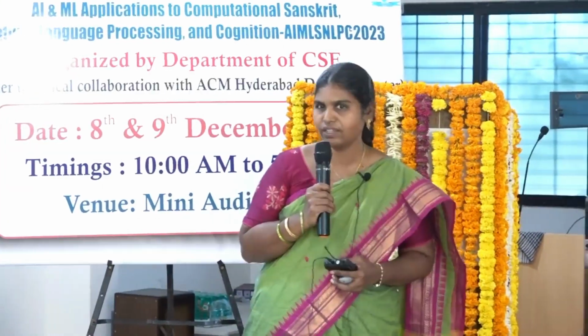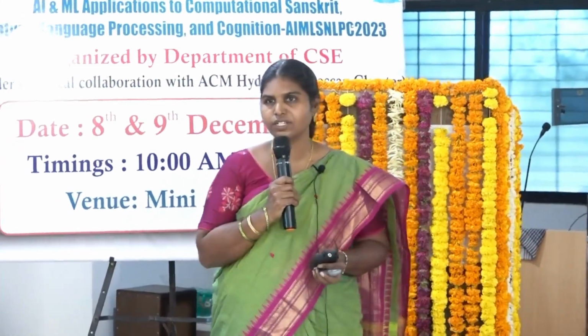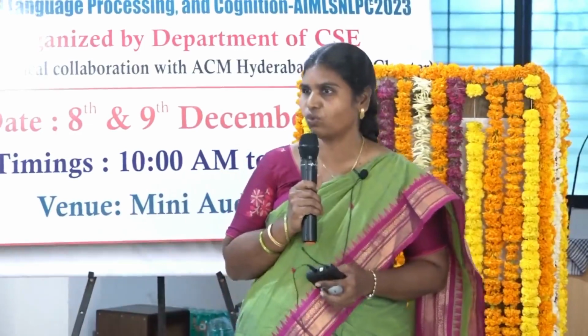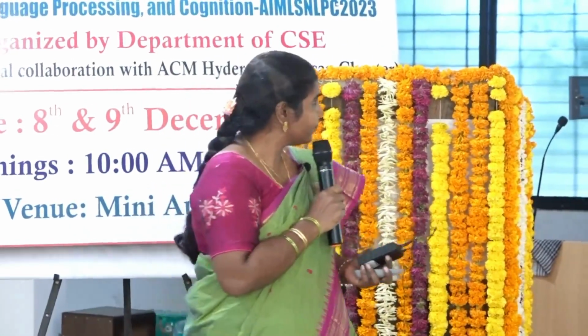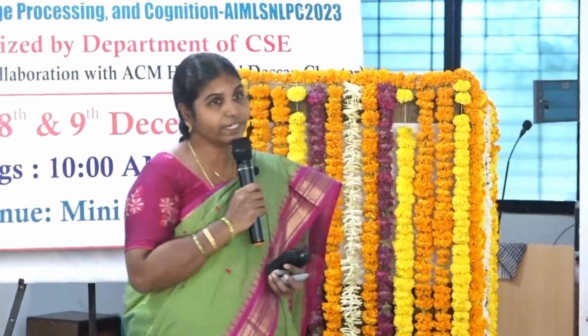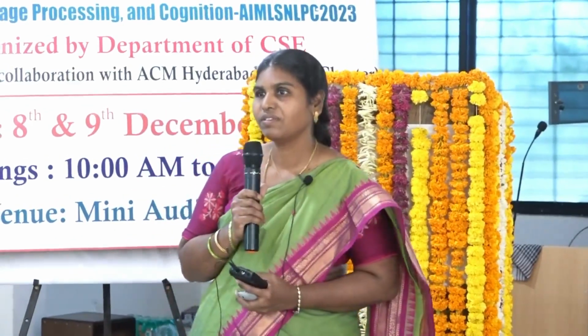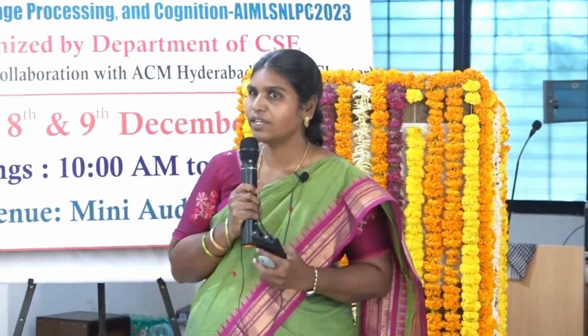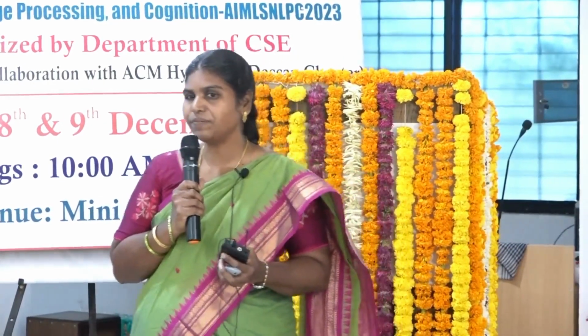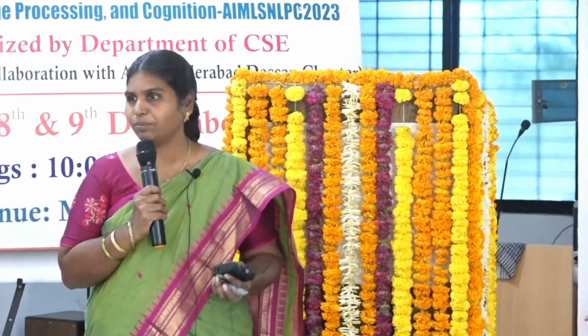In that case, artificial intelligence and machine learning play a role. In diabetic retinopathy, early detection is very important, because if we detect it early, then he can go for the treatment.